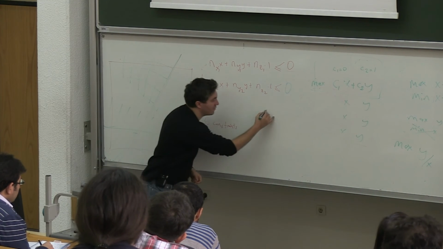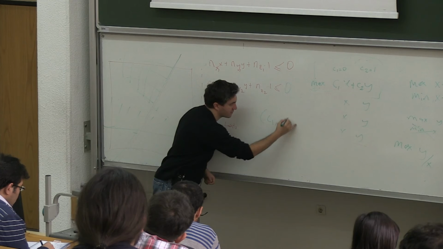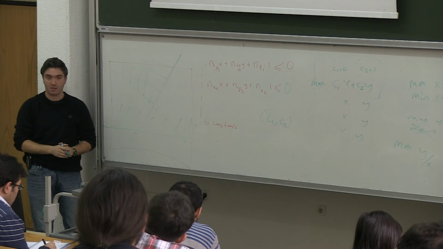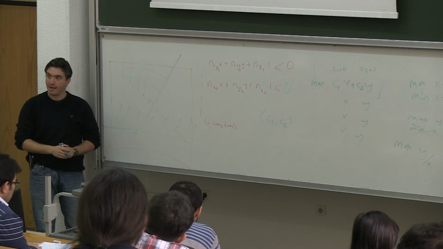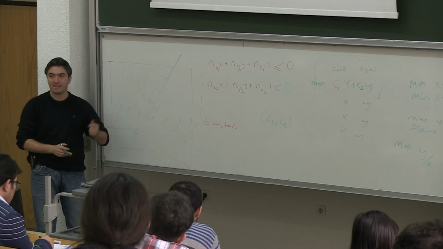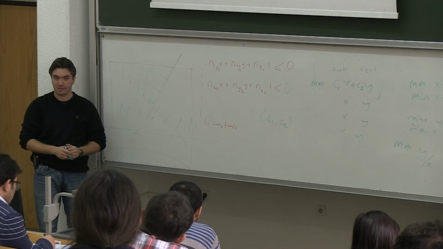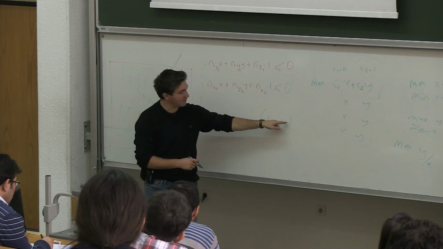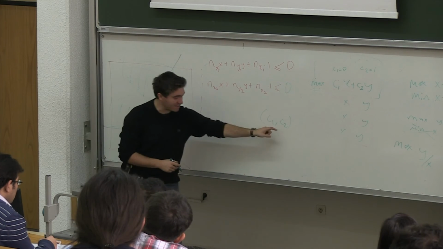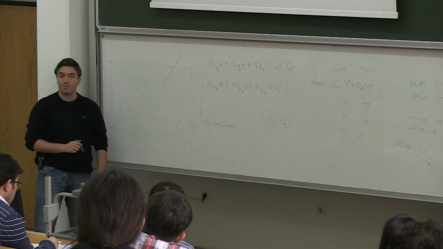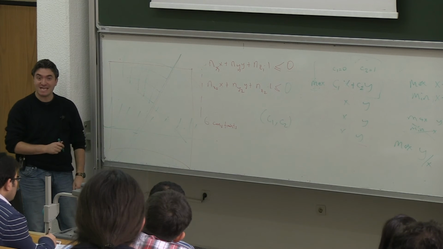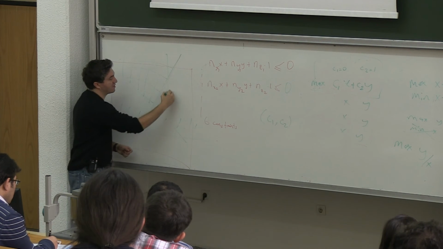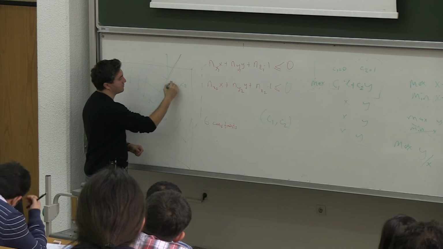The vector C1, C2 is a direction in this two-dimensional space. Maximizing C1x plus C2y corresponds to finding the extreme point of the region in this direction.